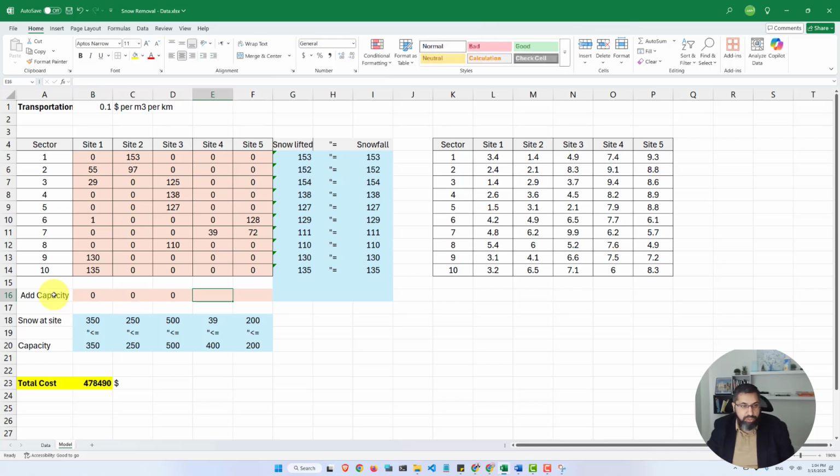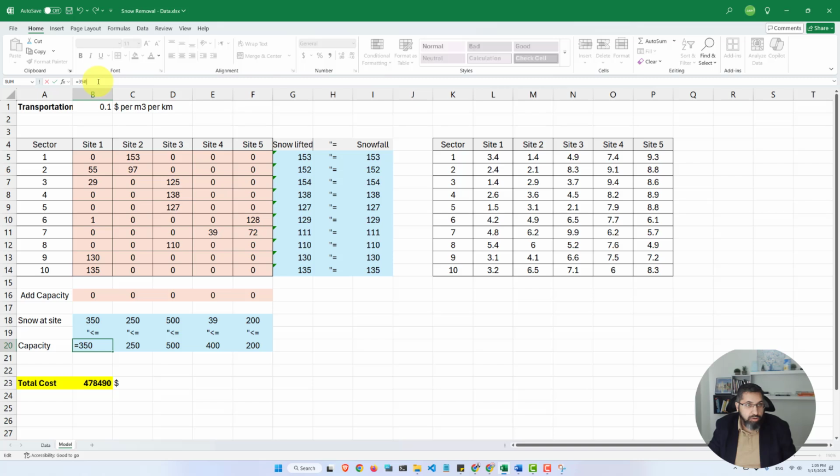So it'll be 0, 0, 0, 0, 0, or 1, right? So it'll be 1 for whichever site it makes sense to add 100,000 cubic meters. And then the capacity at whichever site you add this to will go up by 100,000, or 100 in this case, because this is in thousands of cubic meters.